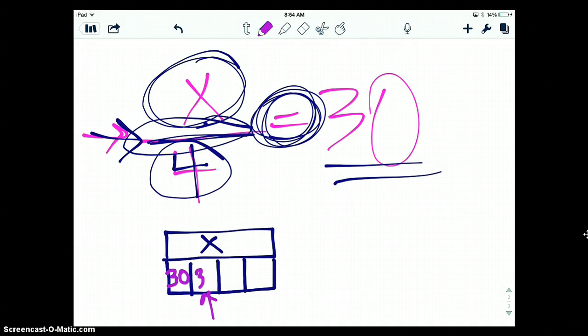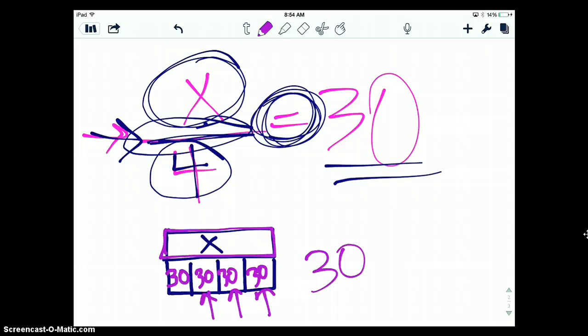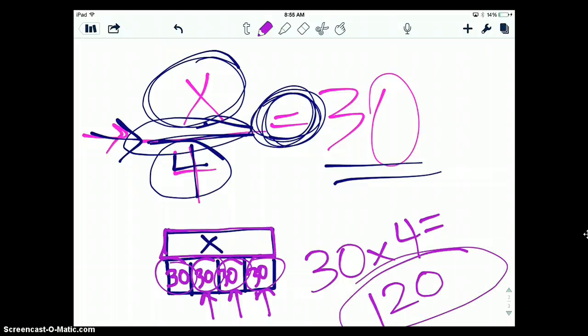Well, that's 30. What is that one? Oh, that's 30. Oh, what's that one? Oh, it's 30. Meaning if we want the whole thing of what x is worth, what do we have to do with 30? Well, you could add it 4 times, or I could just take 30 times 4. And I end up with x being worth 120.